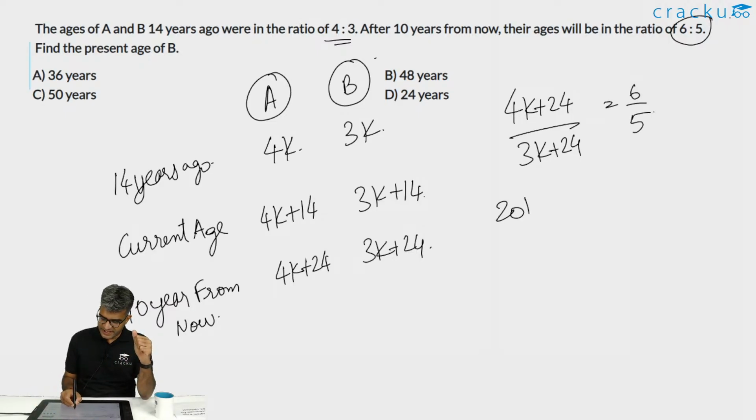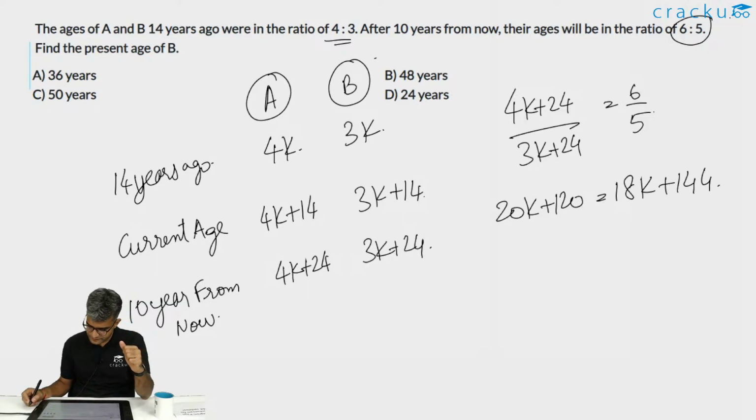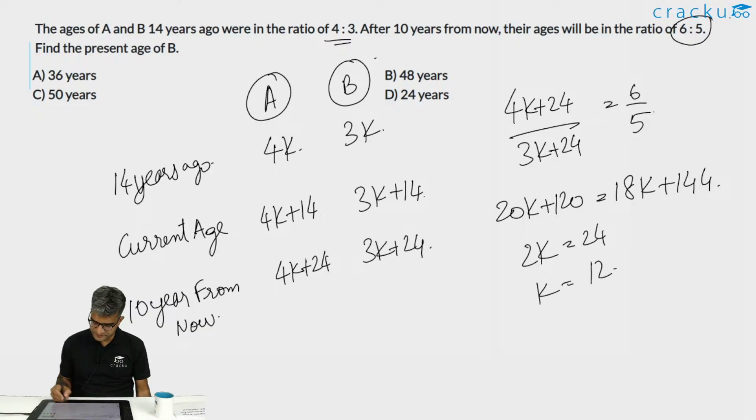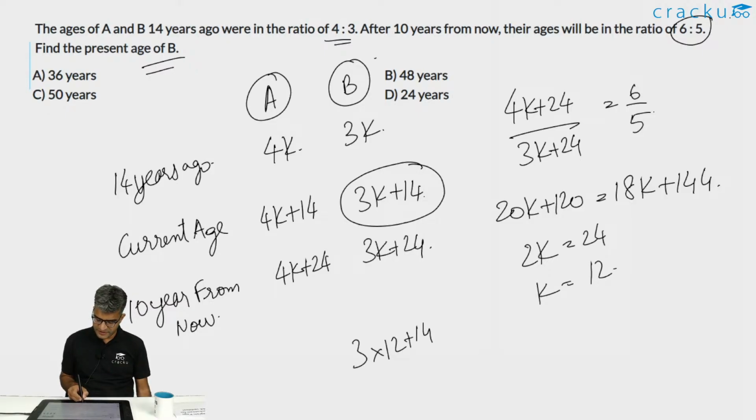You are going to get 20K plus 120 is equal to 18K plus 144. Or the value of 2K is equal to 24 or the value of K is equal to 12. Now what is the present age of B? The present age of B is 3K plus 14, which is equal to 3 into 12 plus 14, which is equal to 50 years. So the answer for this question is option C.